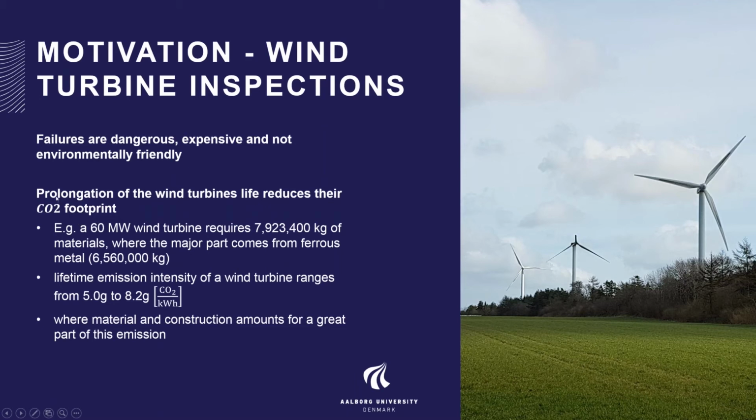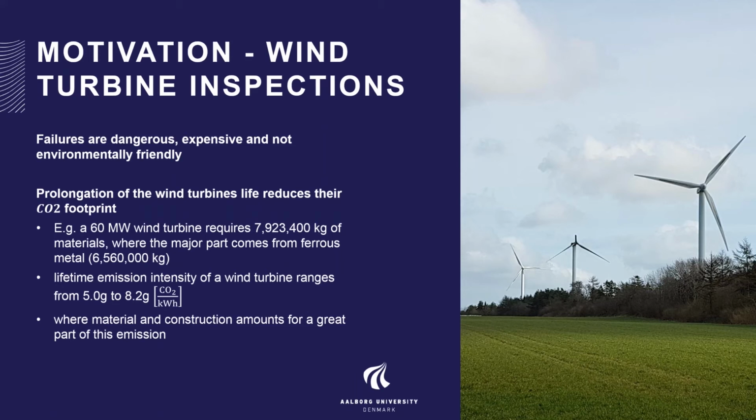So one of the things that we look at is that the prolongation of the wind turbines reduces their CO2 footprint. For example, 60 megawatts of wind turbines require 7.9 million kilos of materials, where the major part comes from ferrous metals, which accounts for around 6.5 million kilos, which are large numbers.